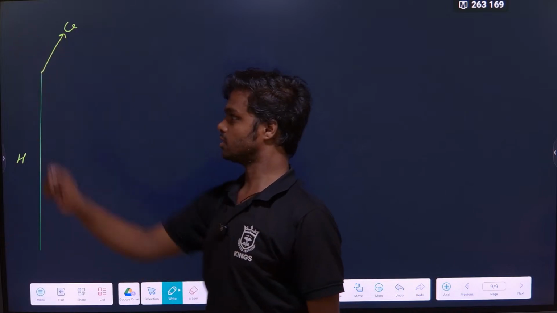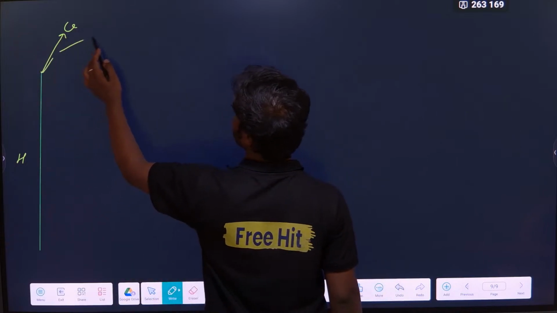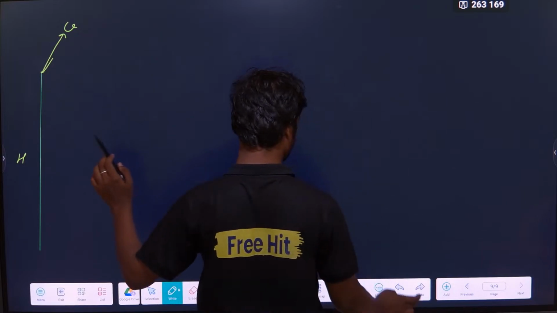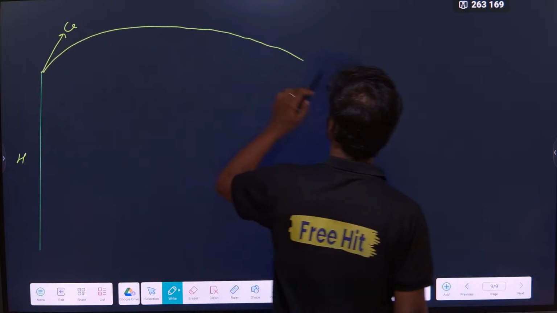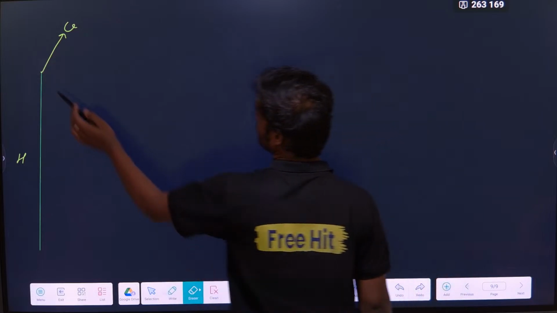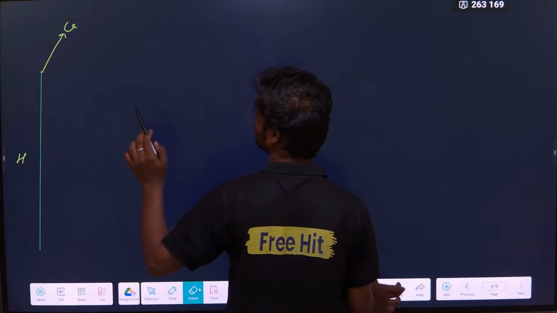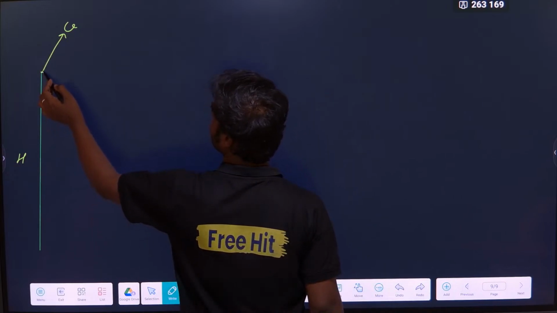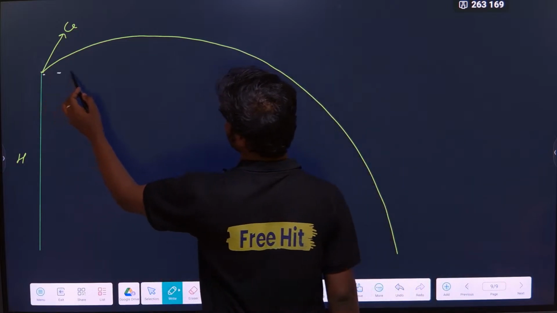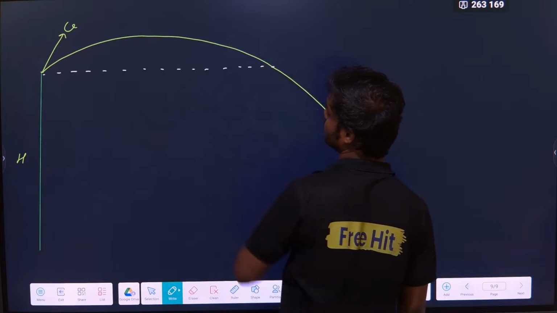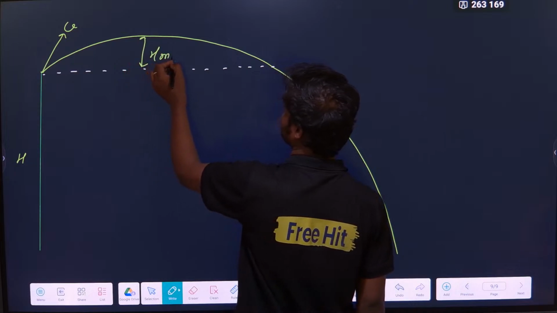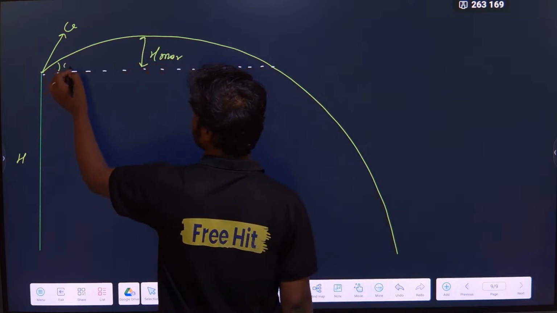I have thrown this object like this. So what is going to happen? The path will be something like this. It will be projectile motion only. So you can see at this ground we have a projectile, correct? This is my h max, correct? This angle is suppose theta.